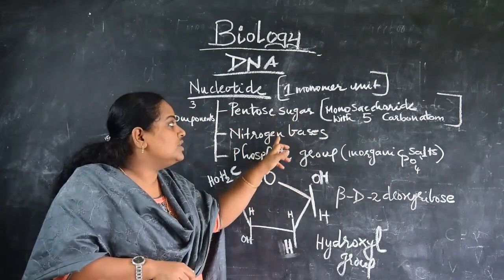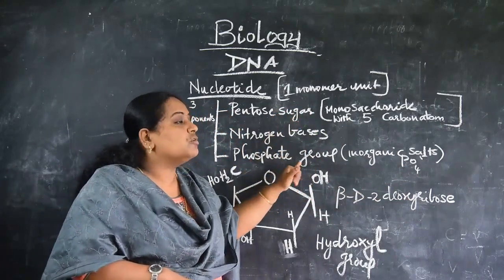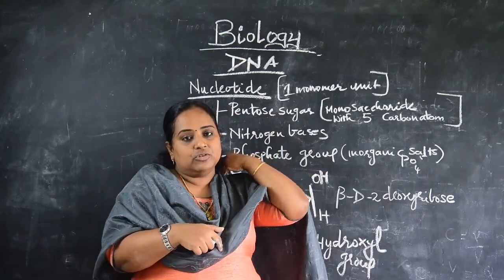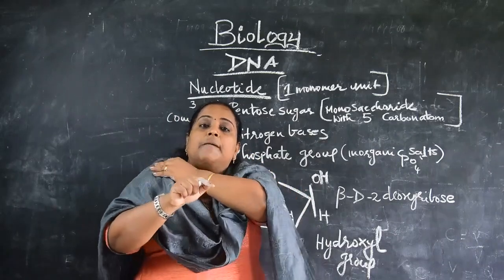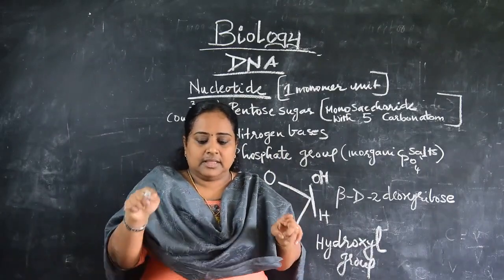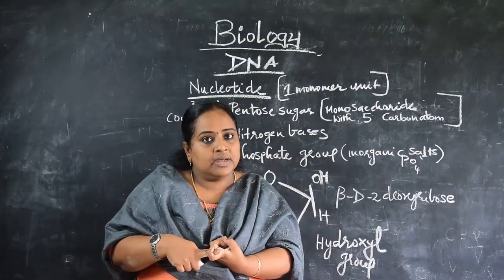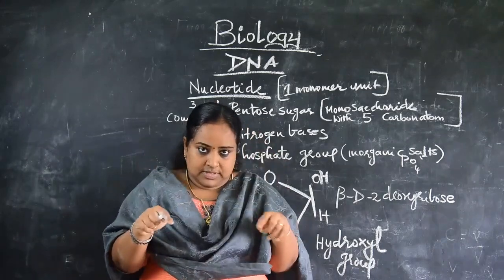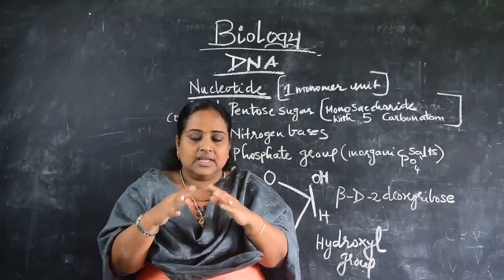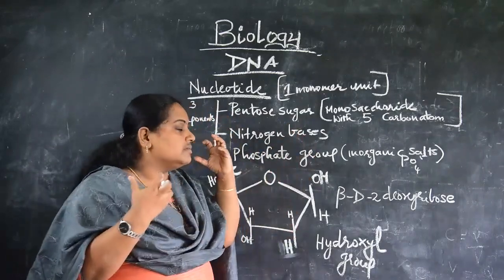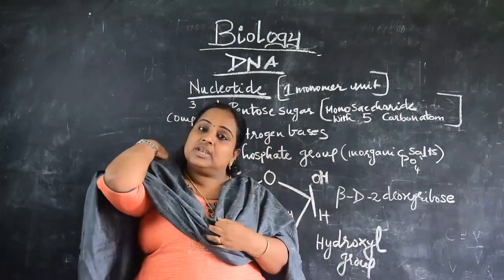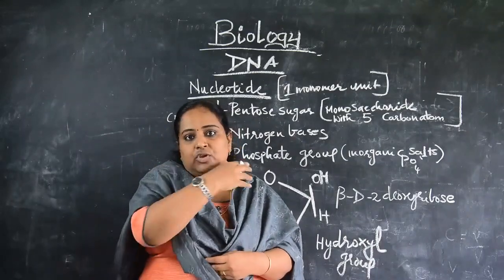This pentose sugar and this phosphate group make up the backbone of a nucleotide, the strong backbone of the DNA structure. The backbone of DNA is made up of this pentose sugar and this phosphate group. While drawing and explaining the structure of DNA, you will know it.